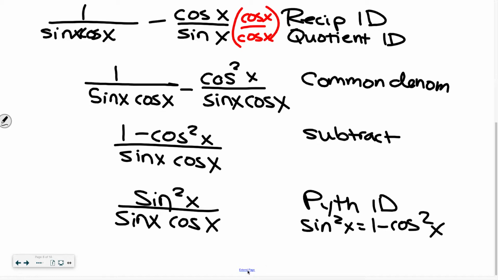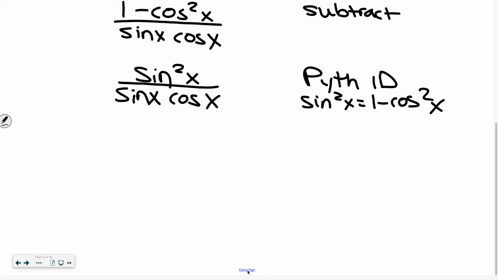Okay, now what will work out really nicely? What's the same in the top and the bottom? Sine. This top, remember, sine squared x is just saying sine x times sine x. And since everything's being multiplied, you're allowed to cancel. So the sine in the denominator is going to cancel with one of the sines in the numerator. So this is going to be sine x over cosine x. So I'm just going to say cancel.